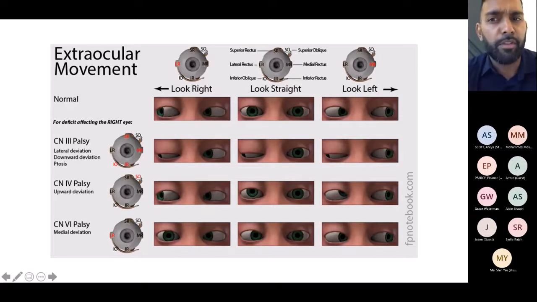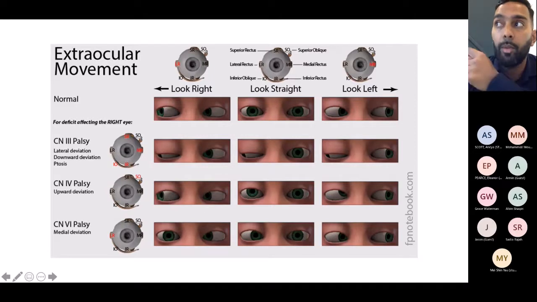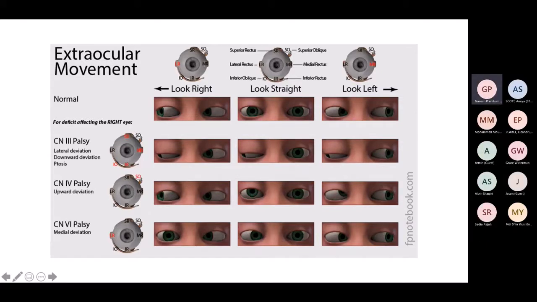Essentially, you want to look to one side, and when the eye is at its furthest point in the temporal region, looking down, that is when superior oblique is being used. If you just ask someone to look down while their eyes are in the mid position, that's just using the inferior rectus, and that's controlled by cranial nerve 3.